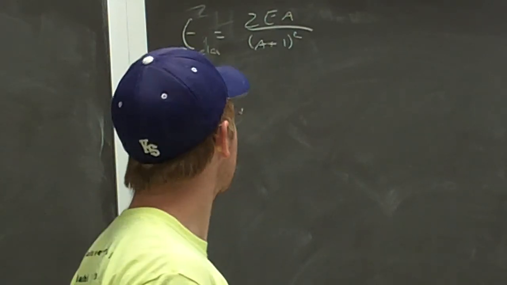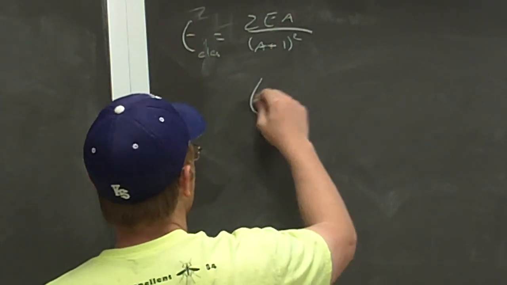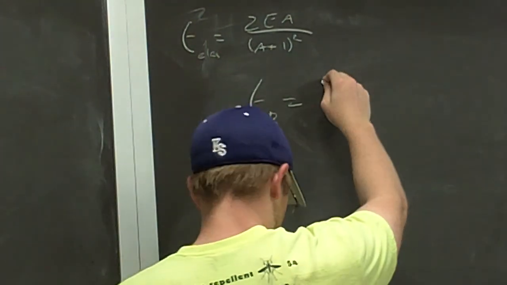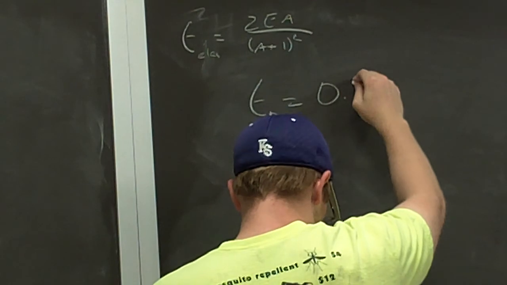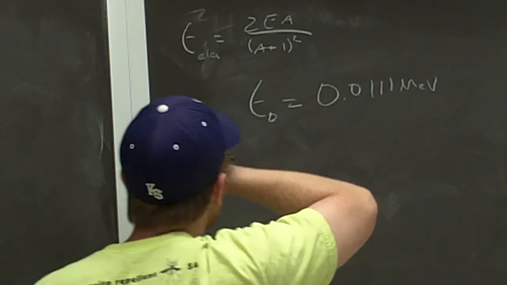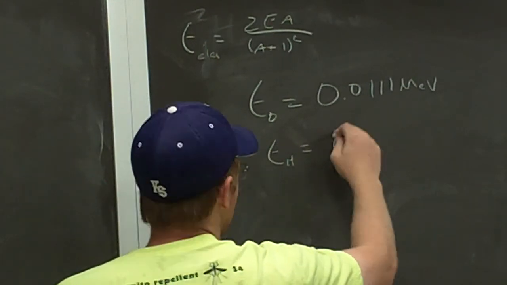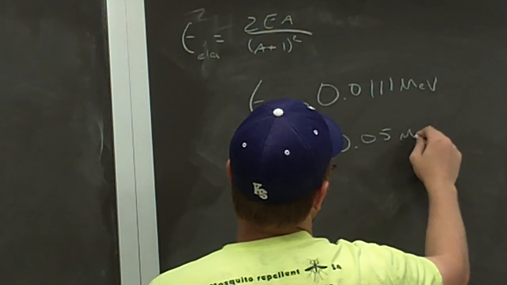Alright, thanks. So for oxygen, you're going to get epsilon of 0.0111 MeV, and epsilon hydrogen 0.05 MeV.